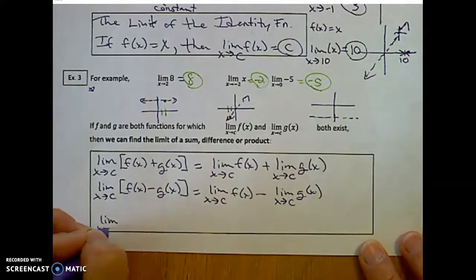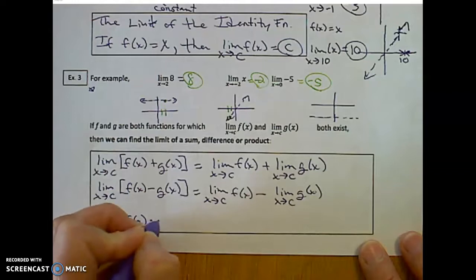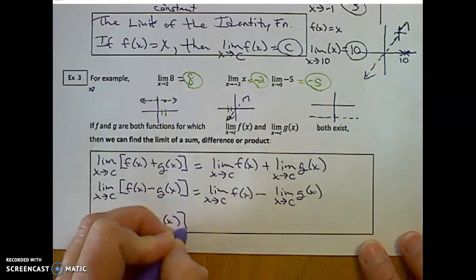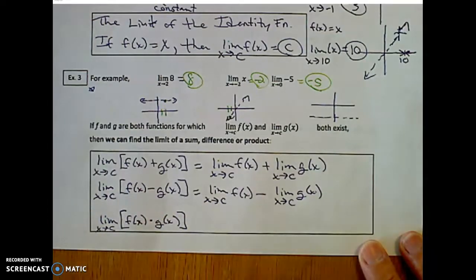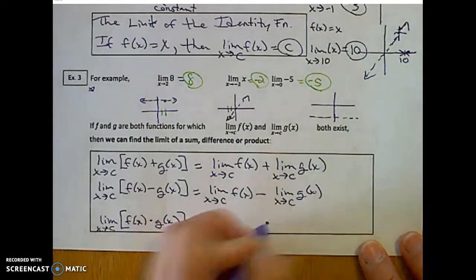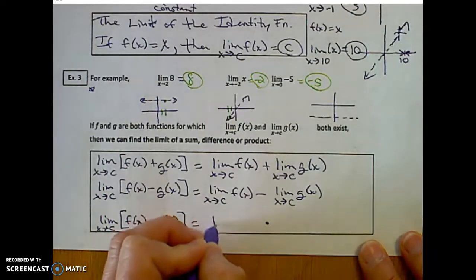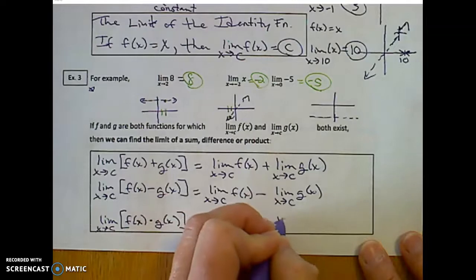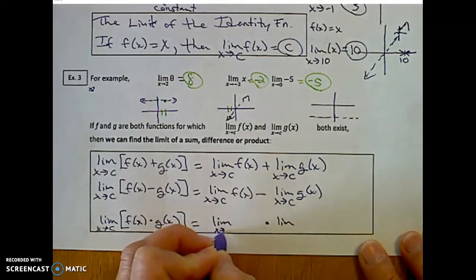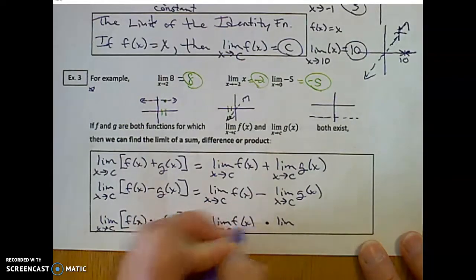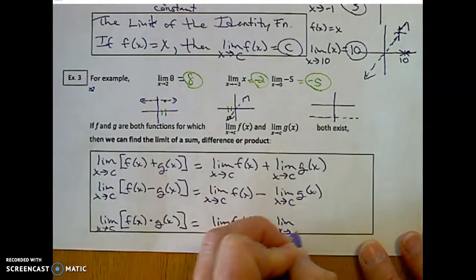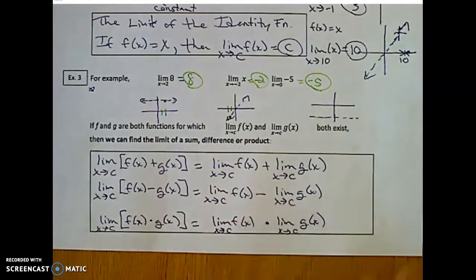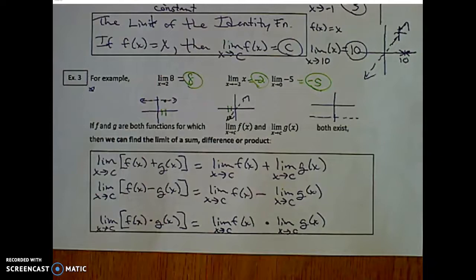Similarly for multiplication, the limit as x approaches c of f of x times g of x, if I ever have a product inside a limit, that is the same as the product of two limits. I can separate those if it makes evaluating a little bit simpler. Okay, so nice algebraic properties of limits.